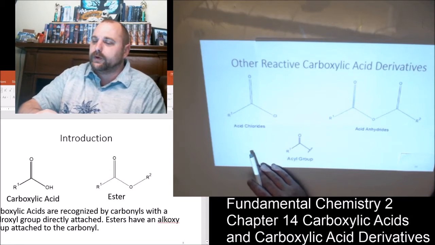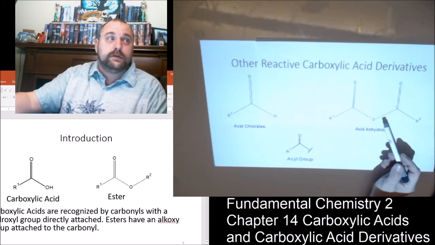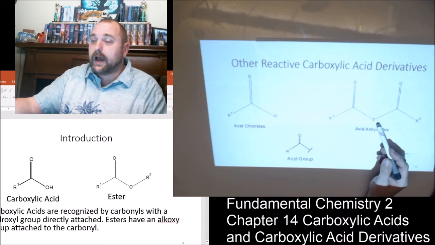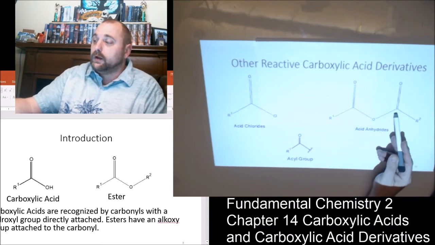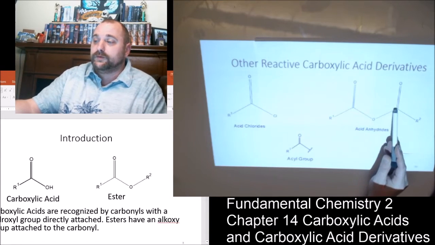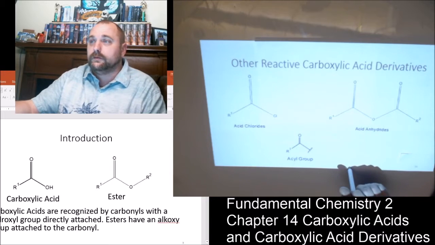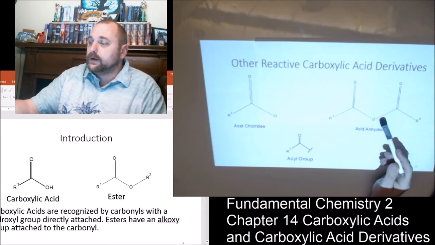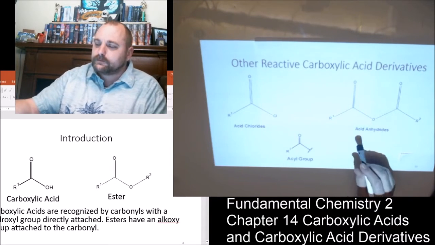We'll also be dealing with acid anhydrides, so like an ester, but it's a carbonyl on both sides, and it's made by taking two carboxylic acids and combining them, losing water.